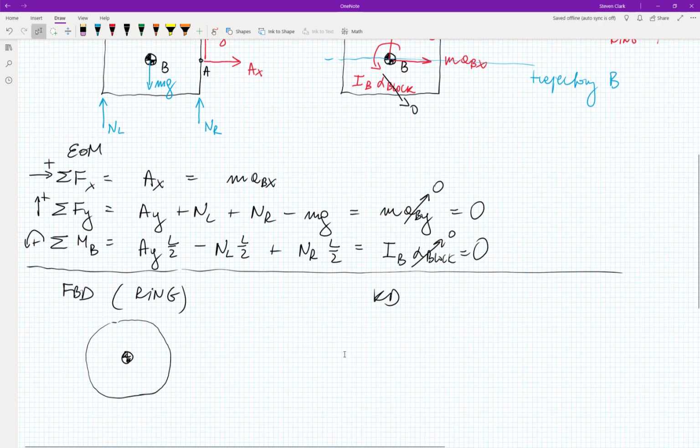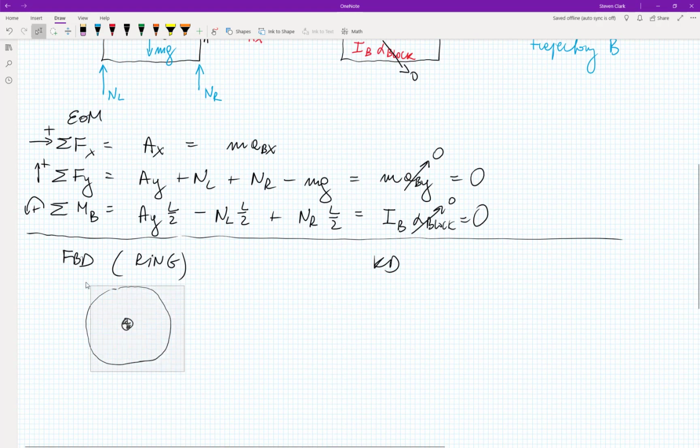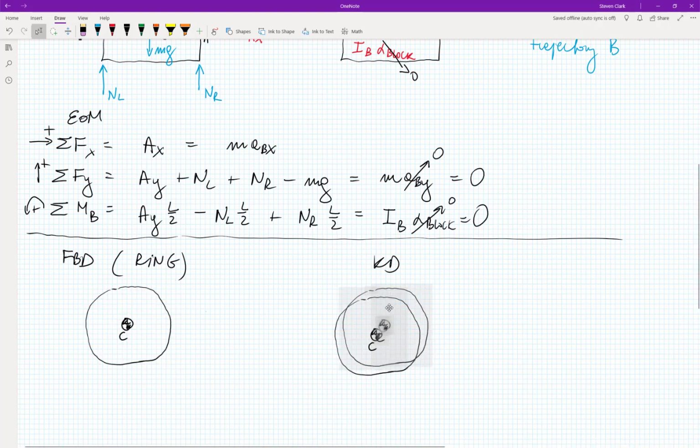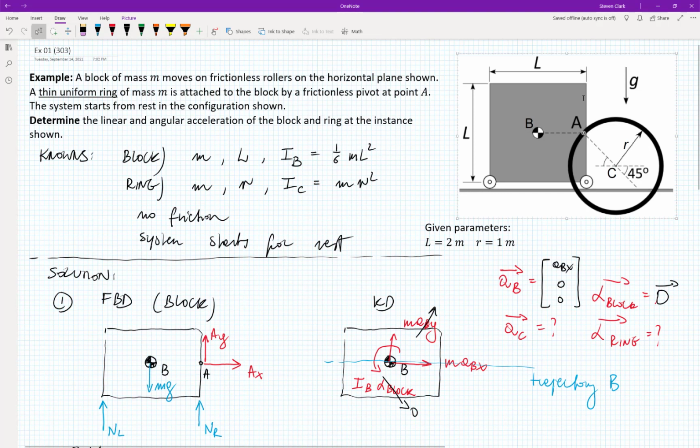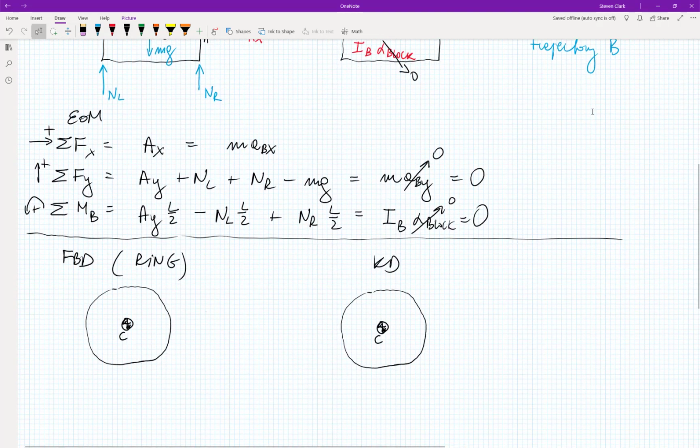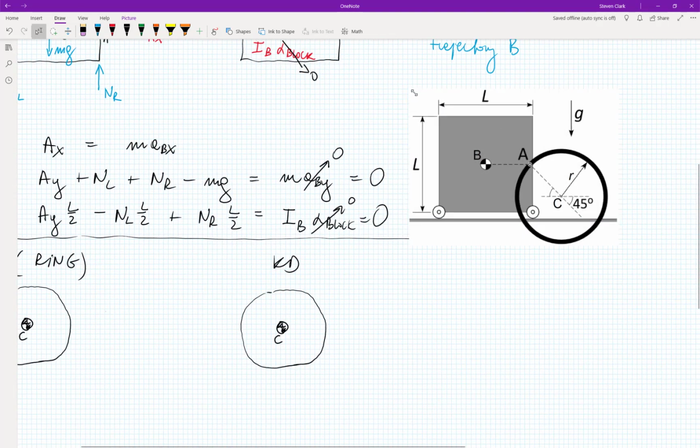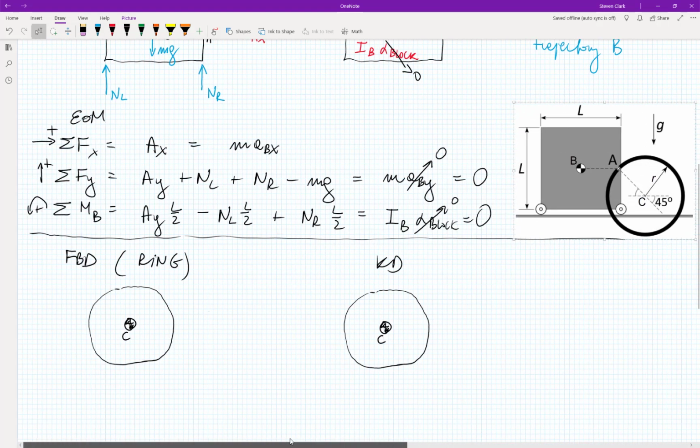So this is our ring, and this is our point C. Let me copy this in here so we can see the entire geometry of the body, of the system actually.